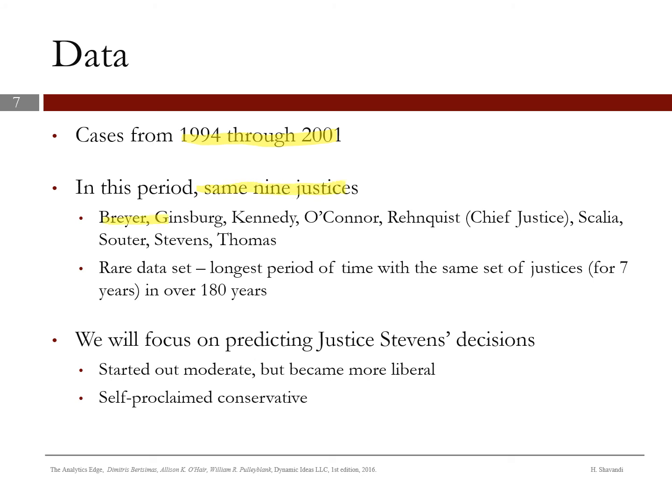Here we have the names of the justices, and this is a rare data set because it's the longest period of time, 7 years in over 180 years, that we have the same set of justices. We will focus on predicting Justice Stevens' decisions. Justice Stevens started out moderate but became more liberal.